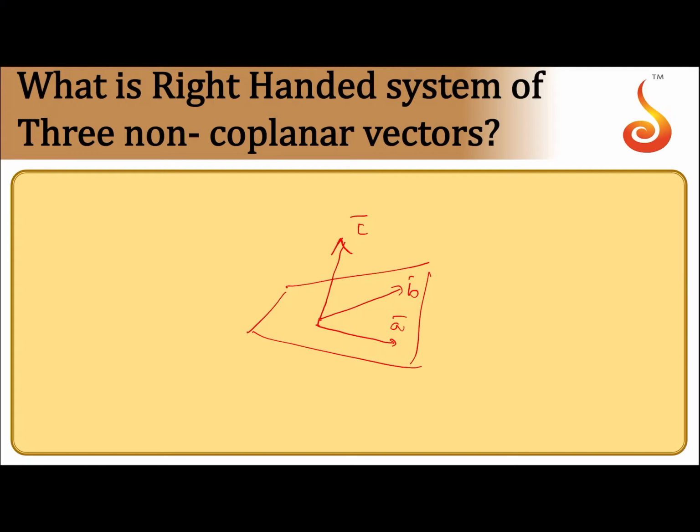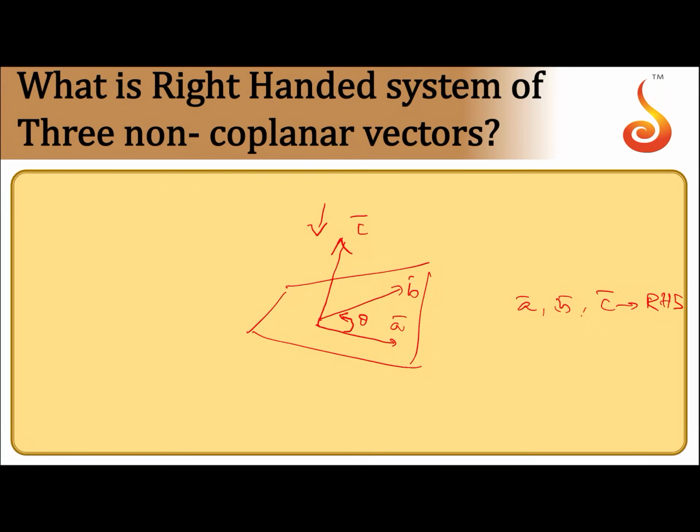Looking from the point C, looking from the C vector, if I consider the rotation on the plane from A vector to the B vector through an angle theta less than 180 degrees, and if the rotation direction is anti-clockwise, then I say A, B, C form a right-handed system.